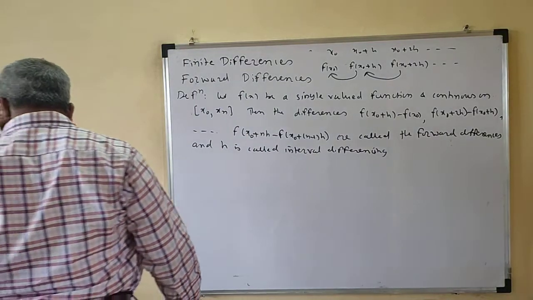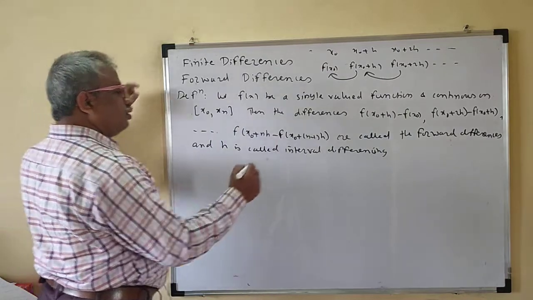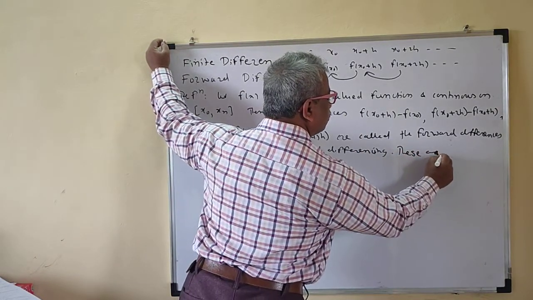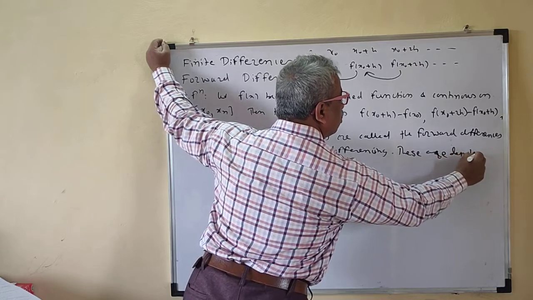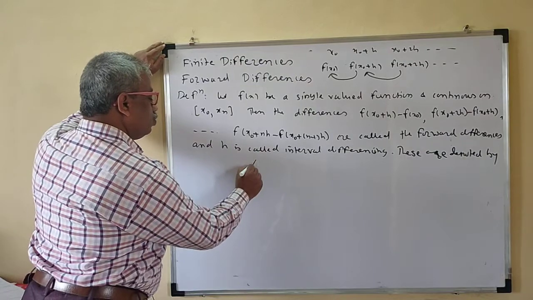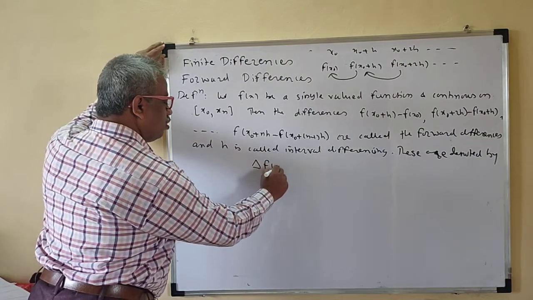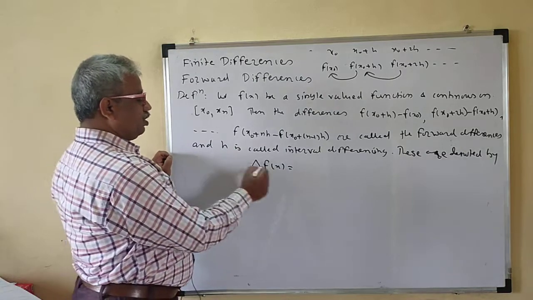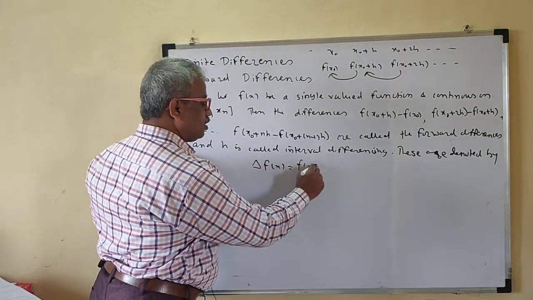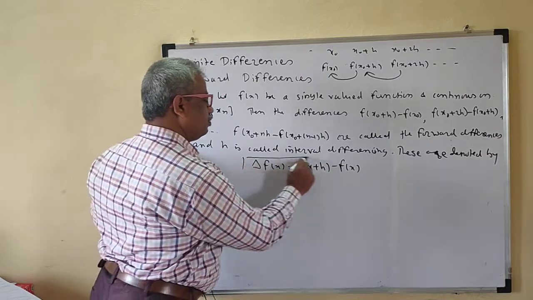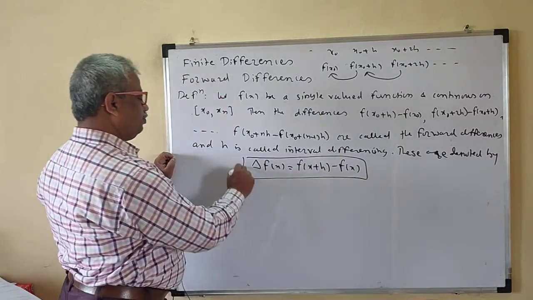The forward difference operator is denoted by delta. So we'll write the general definition first: delta f of x is f of x plus h minus f of x. Remember this is the definition.